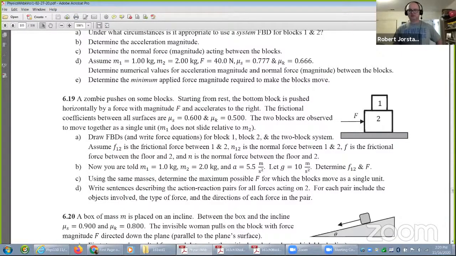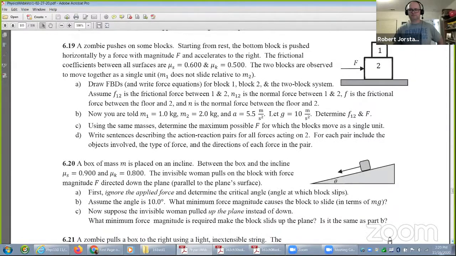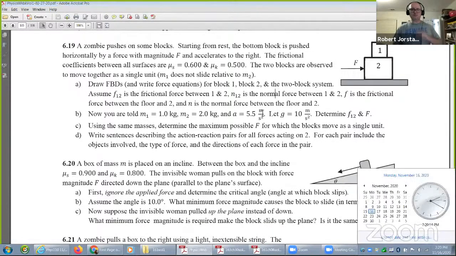I'll leave this up on the screen, and I'm just going to scoot this a little bit lower so I'm not distracted. There we go. So try to draw the FBDs, and then I'm going to ask you to help me walk through it in just a minute. Try not to look at the solutions at first, okay? If you finish and find yourself waiting for me, then go ahead and look at the solutions.